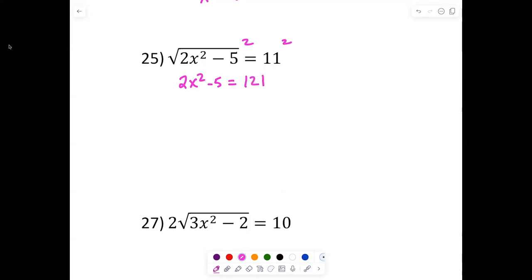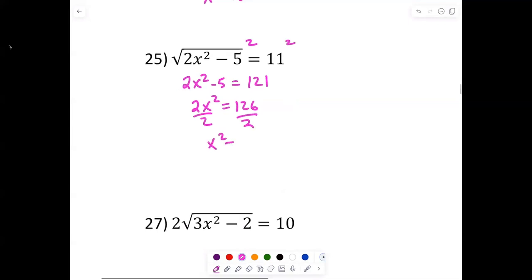Now what do I need to do to both sides? Add 5. 2x squared equals 126. Now what? Yep, we're going to divide by 2. So x squared equals 63.